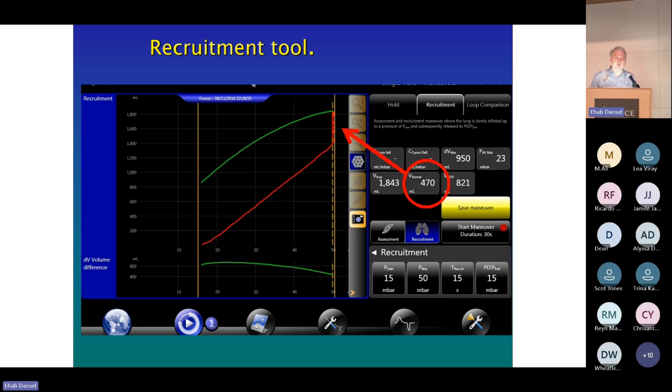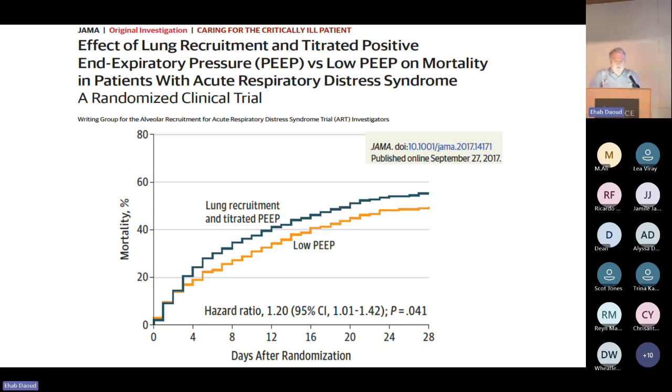Now, recruitment was exciting. We all believed it was going to do what we wanted, to reopen the lung that had been collapsed, and would therefore help our patients. This because it demonstrated that, at least in this study, of about 1,000 patients, the use of titrated PEEP and recruitment maneuvers actually increased mortality.